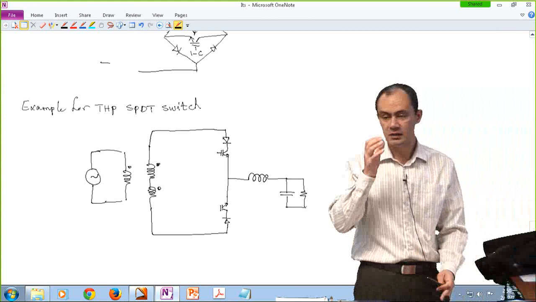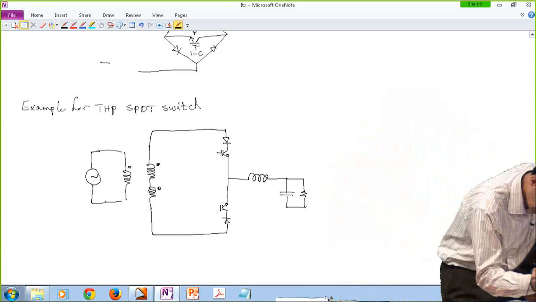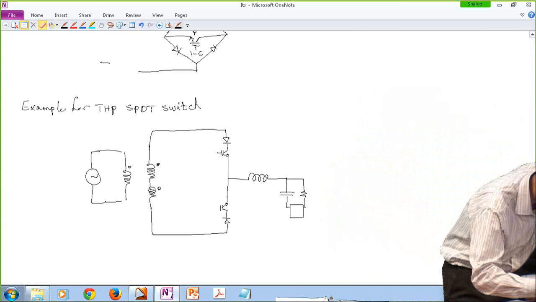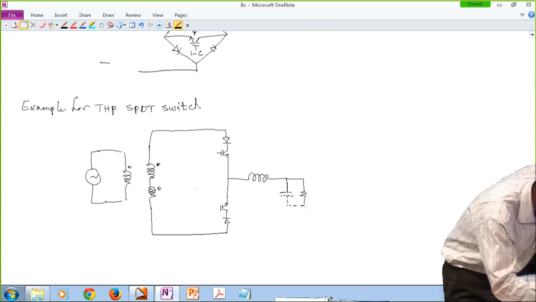It depends. This L and C are basically your low pass filter, and you may or may not need the capacitor depending on the application. So I'm just going to draw it in dotted lines, and then this is connected to this middle point.